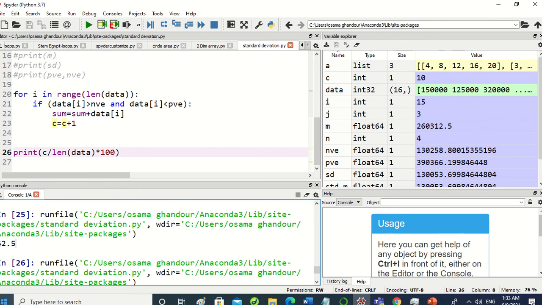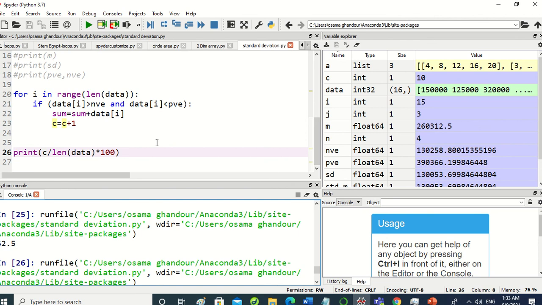Okay, I would like you to understand this. This is very important in statistics, especially this program is very important in the financial sector.